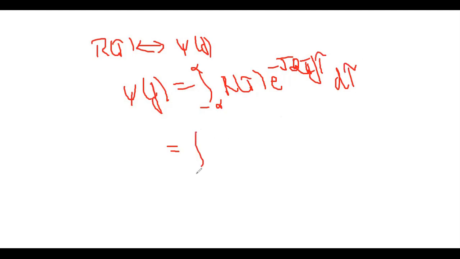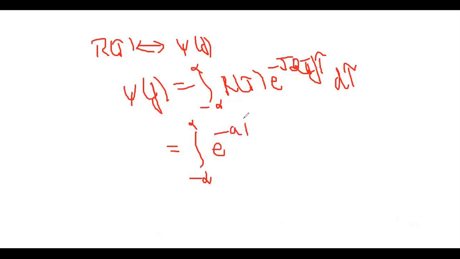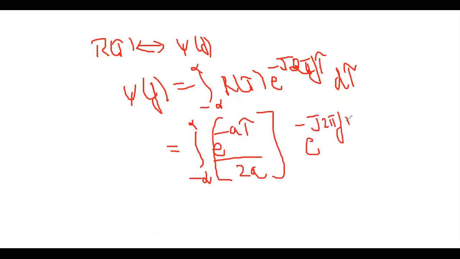What is R of tau? We got, integral from minus infinity to infinity, e power minus a tau by 2a into e power minus j 2 pi f into tau d tau.